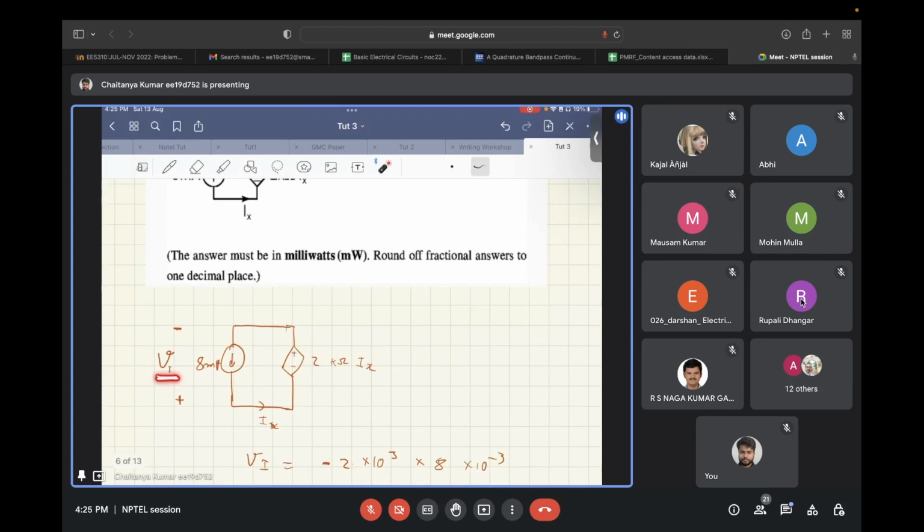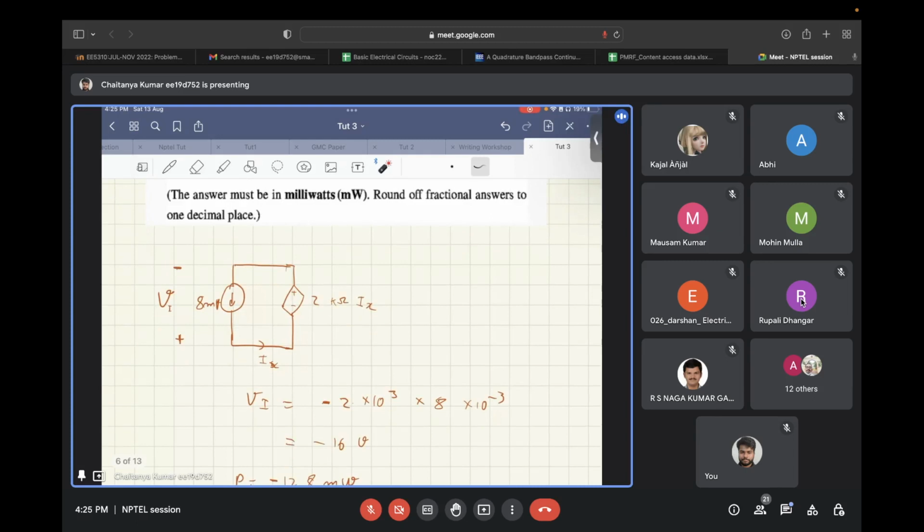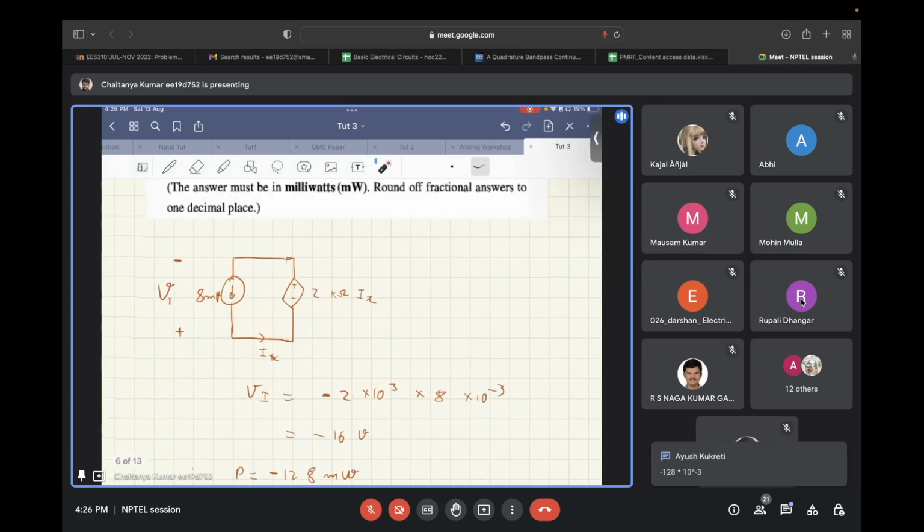So you need to find VI. VI will be equal to the negative of this voltage, as this voltage is in the opposite direction, and that will be 2 into 10 to the power 3 into 8 milliamps, that is the IX current flowing in this direction, and that comes out to be minus 16 volts.